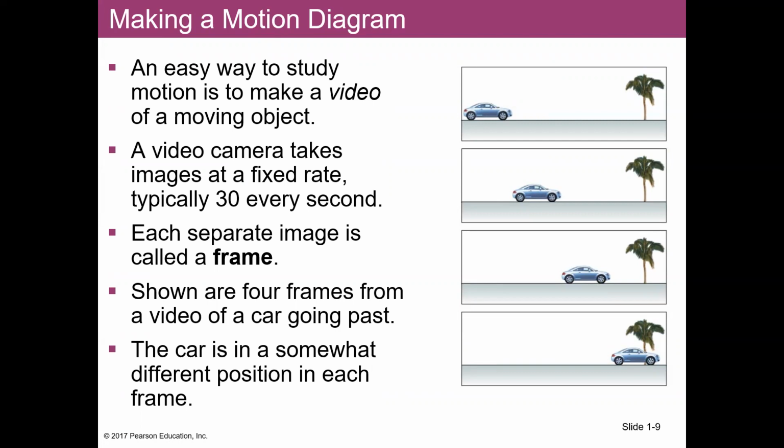The book actually has us go back and consider the old-timey film strips that they would use for old motion pictures, cut the film strips out and then glue them on top of one another. And what you'll eventually see is the image of the object moving, overlaid, an image of it at different moments in time. This is pretty easy to accomplish on a smartphone with the right software. But this is the basic idea of a motion diagram.